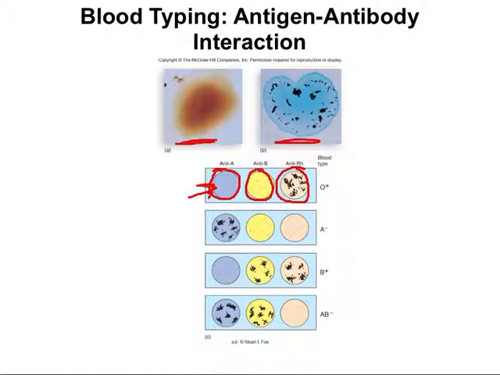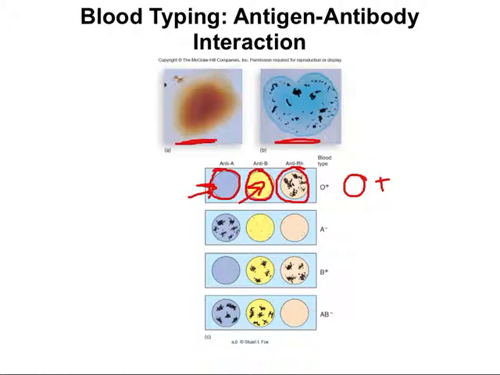Again, no clumping under B, so no type B antigens in here. However, we do see clumping under the Rh factor, which means that there is Rh, and so it's positive. So no A, no B, that gives us blood type O, but there is Rh, so it's O positive.